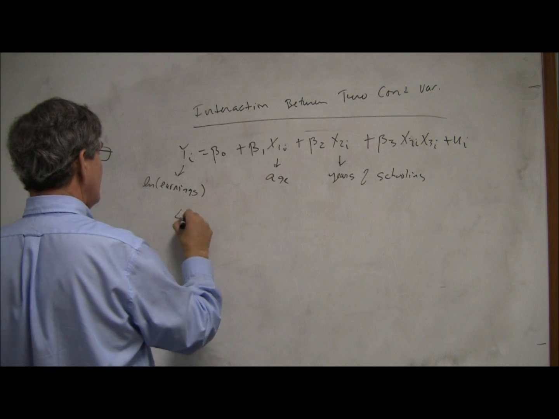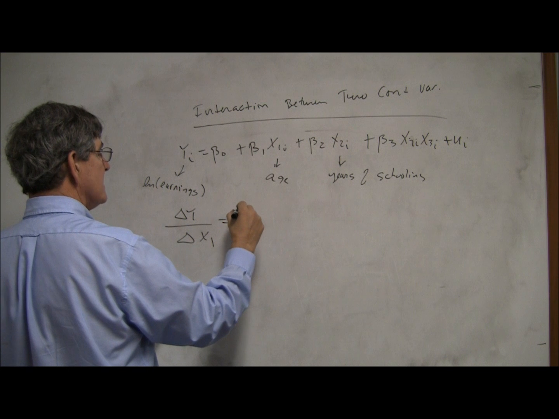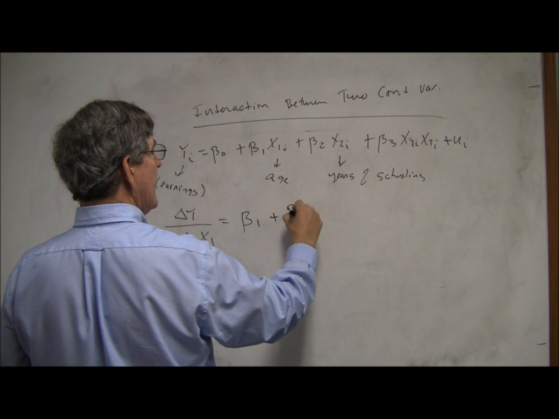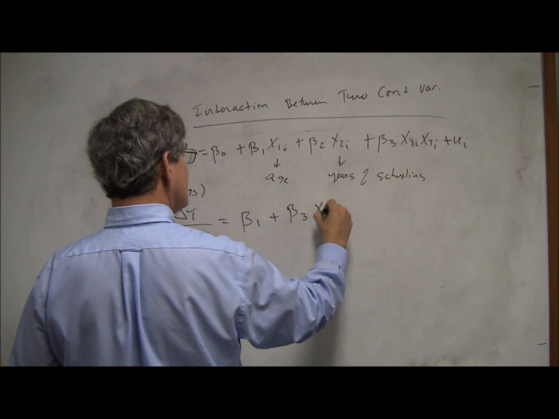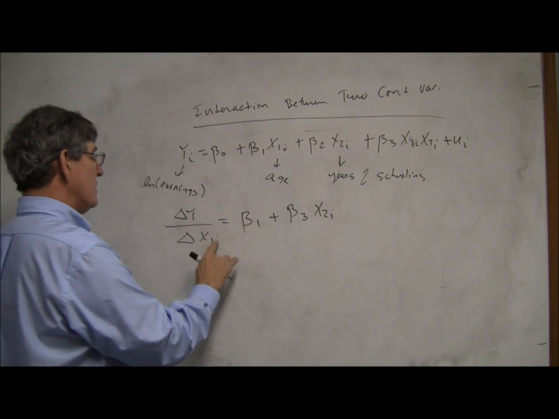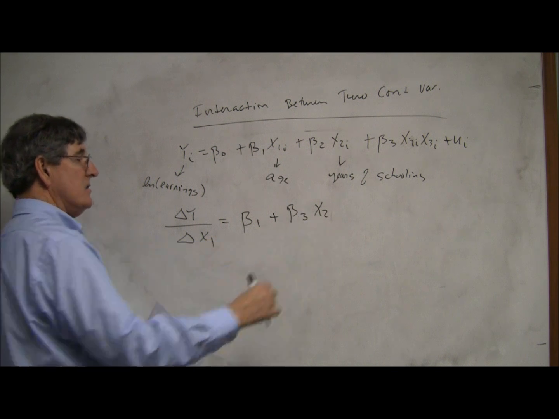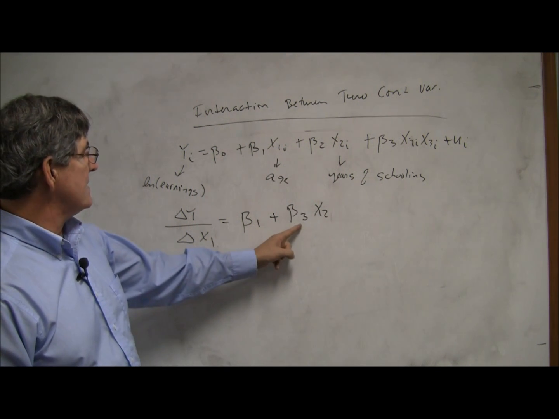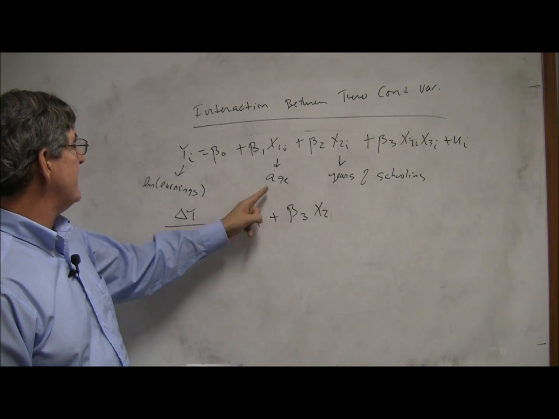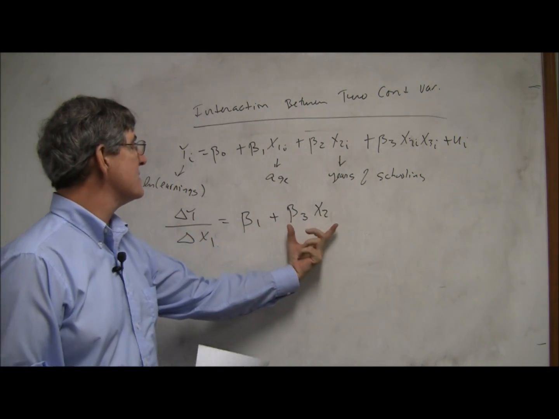And if you look at the change in y due to a change in x_1, that's going to be beta 1 plus beta 3 x_2i. So the change in y due to a change in x_1 depends upon the value of x_2. How it varies depends upon the sign of beta 3. And so the effect of age on earnings, log earnings, depends upon years of schooling.